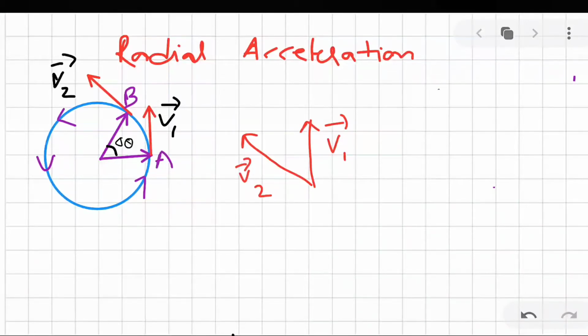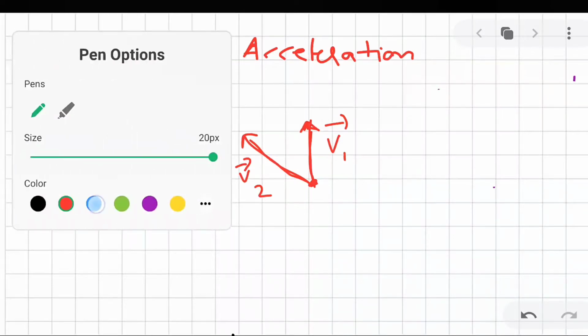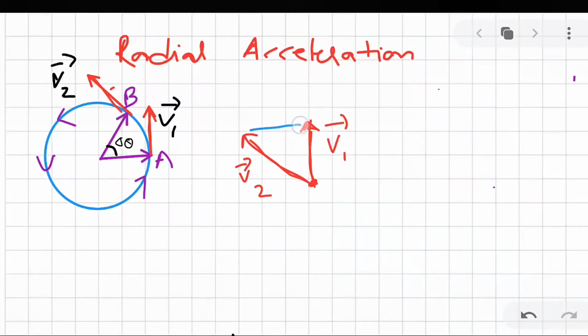I have shifted these two vectors in such a way that the tails are coinciding at this particular point. Now let us call the vector joining their heads delta v.